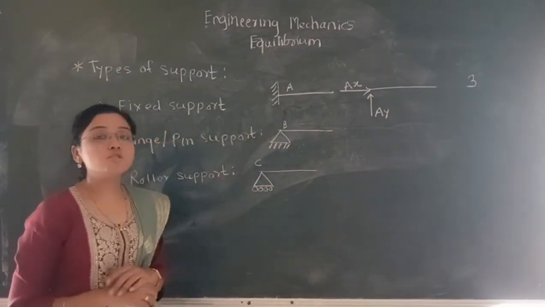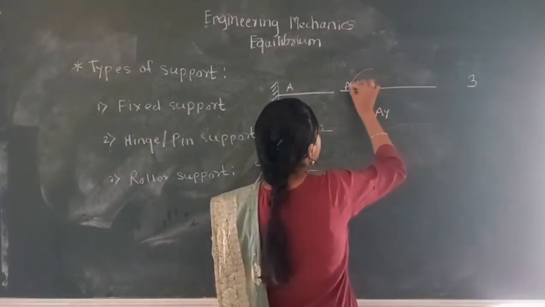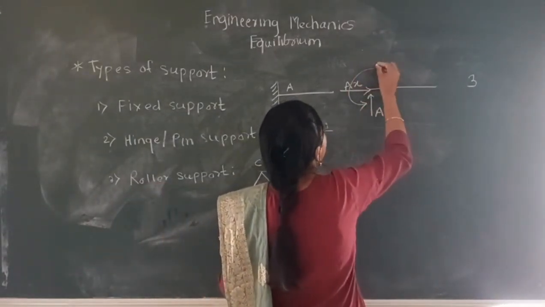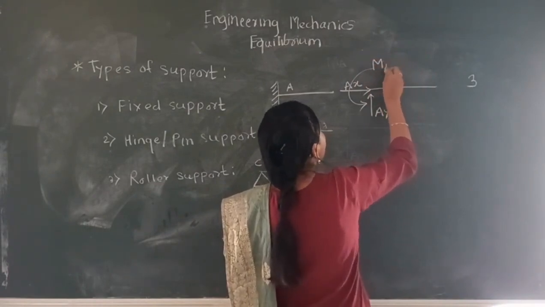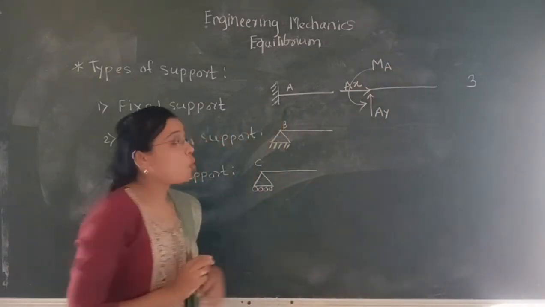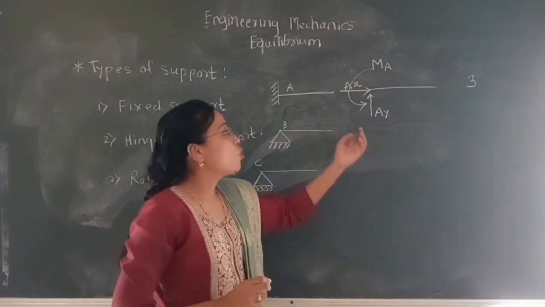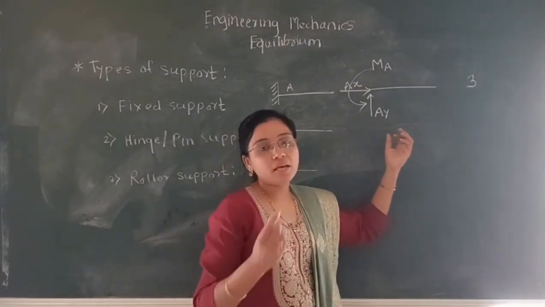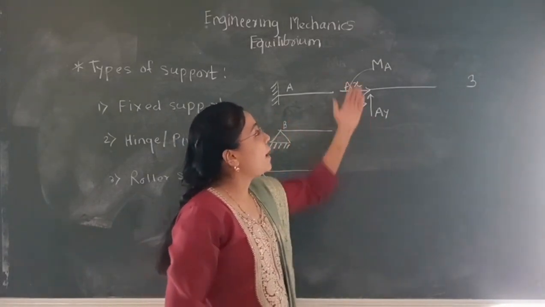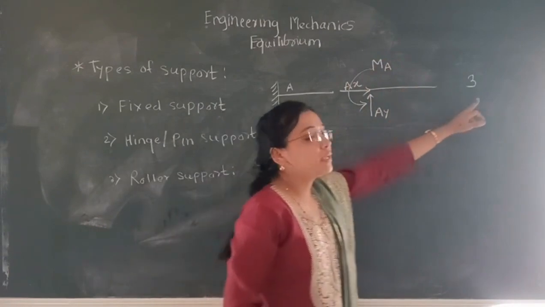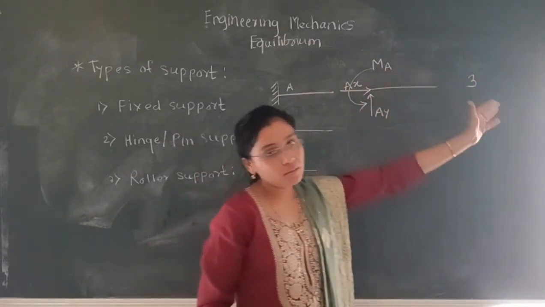This beam also shows restriction against rotation, so there will be a generation of moment, which we can write as moment about A. So all three motions are restricted, and for each restricted action there is a reaction, that is Ax, Ay and MA. So the number of reactions always shown on a fixed support is 3.